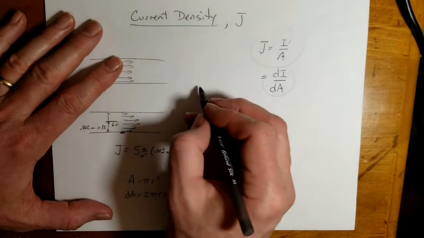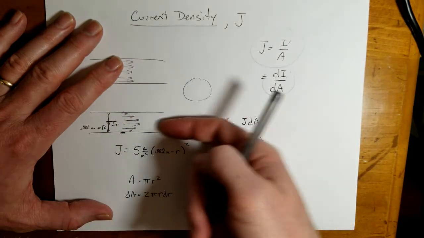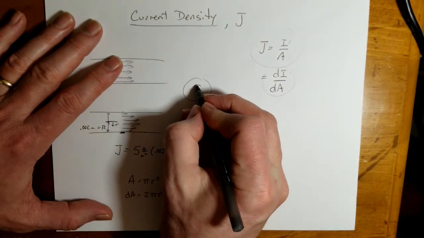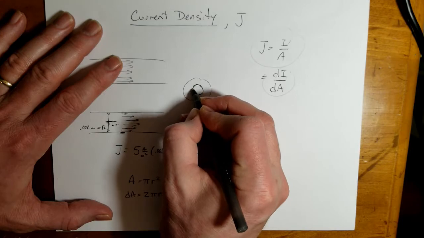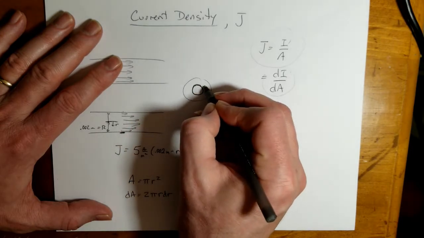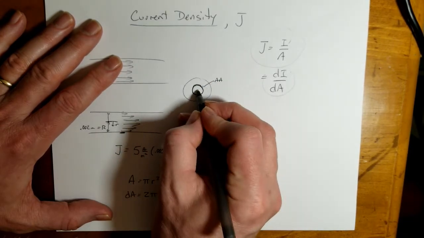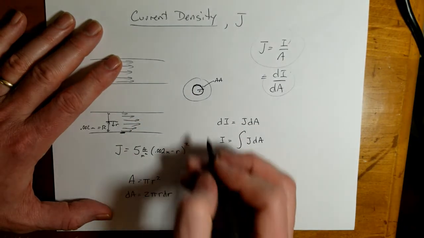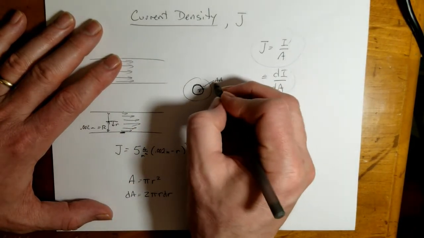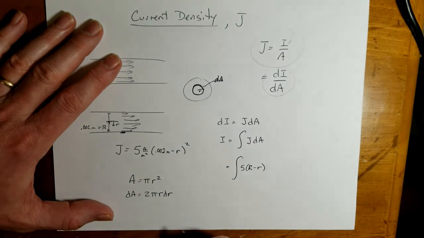And because of the symmetry, if we look at it head on, we're basically looking at d area right here. This is radius r, little r. So that's d area, not Alcoholics Anonymous.